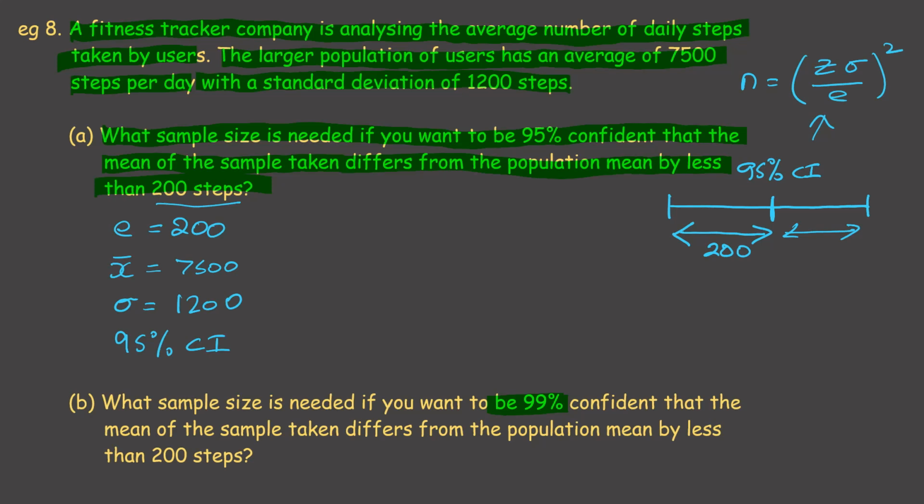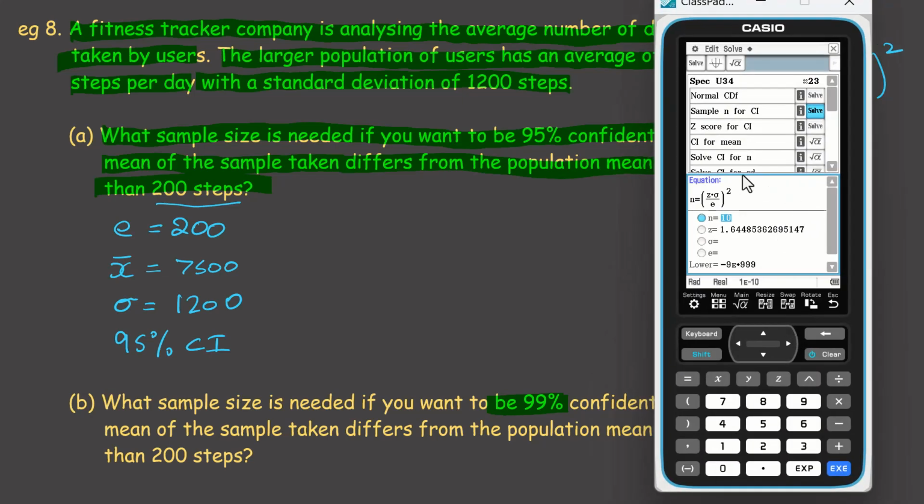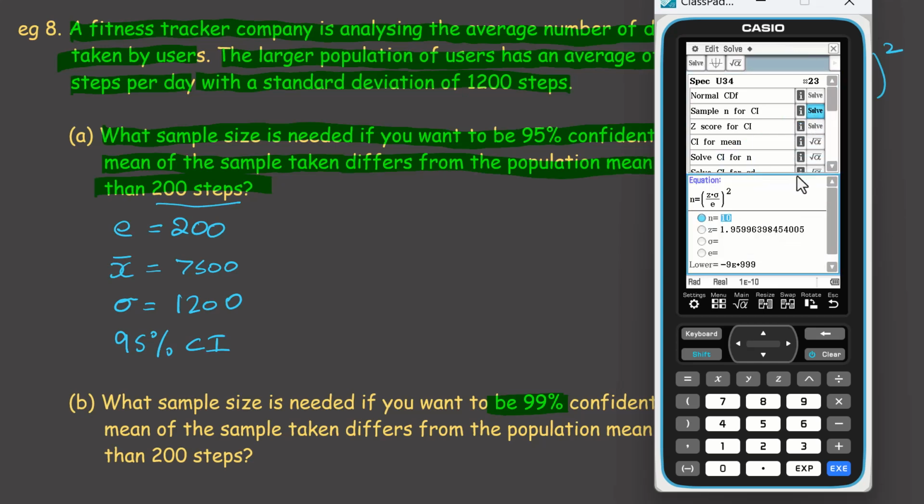So what we're going to do is get the calculator, because this is how you're going to do this nearly every time anyway. We are going to do Z-score for CI first, and we're wanting 95%, so we're going to go 0.95, and then go solve, and we get the familiar number up here for the Z-score. Then we're going to go into sample N for CI.